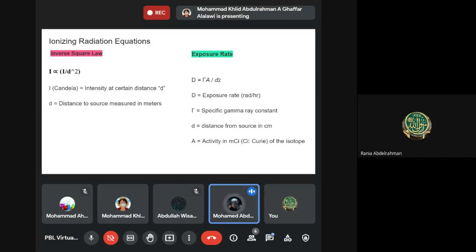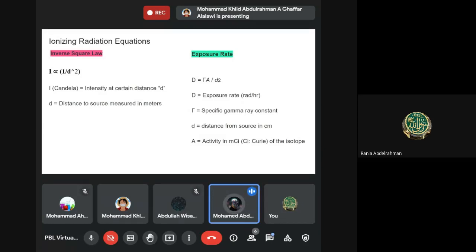To calculate ionizing radiation, we use two formulas. The first formula is the inverse square law, which states that I, the intensity at a certain distance, measured in candelas, is directly proportional to 1 over distance squared.